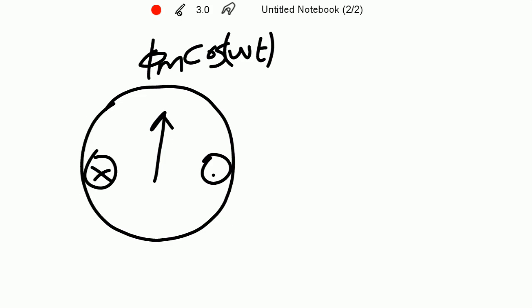Let me draw with red. So at some point, I'll be having my two rotating magnetic fields in this direction.